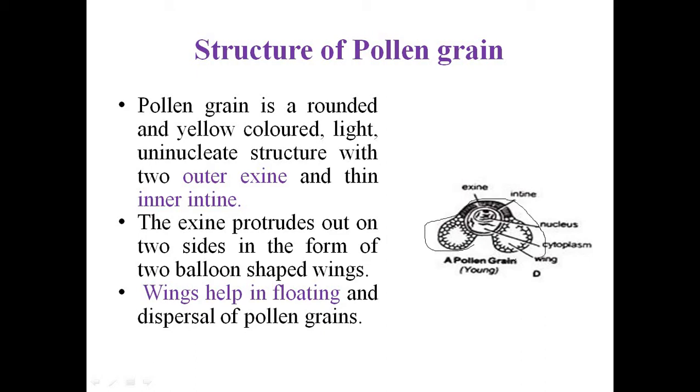You can observe this exine resulting in balloon shaped wings. Why is this modification there? It helps in floating and dispersal of the pollen grain, and the intine is inside the exine. So this is the figure of a young pollen grain.